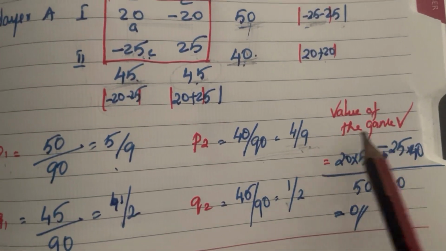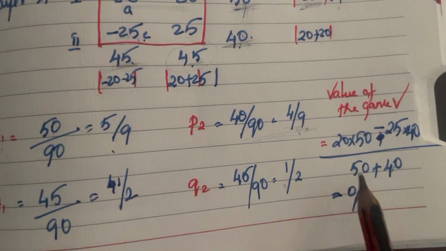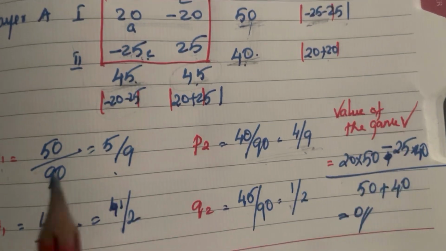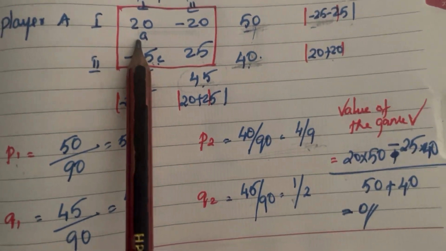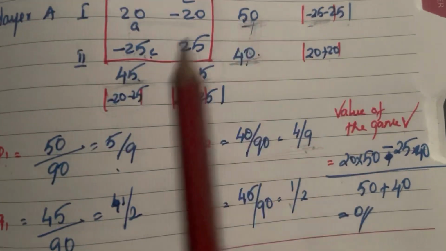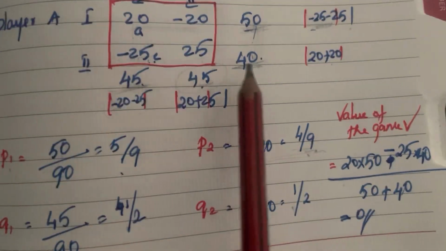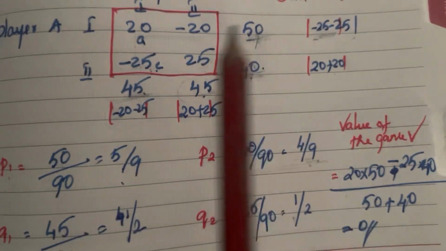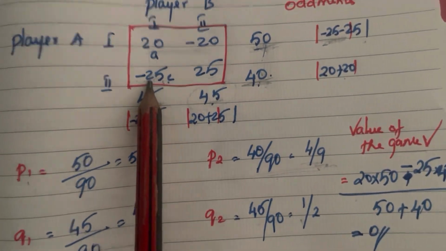Okay, so next we need to find the value of the game. For finding the value of the game, you need to multiply A into this value plus C into this value.